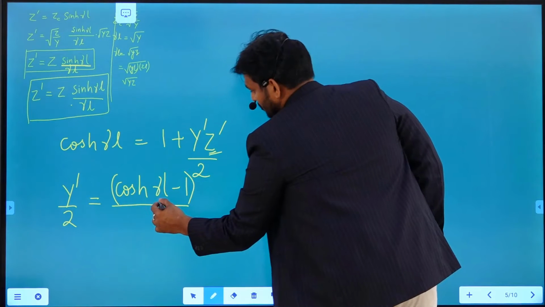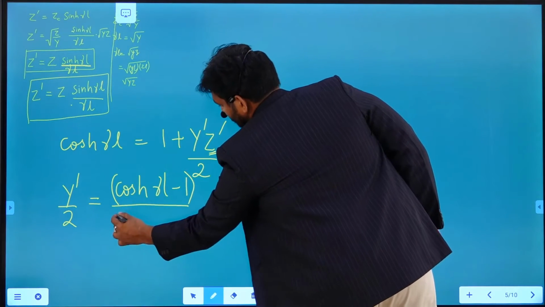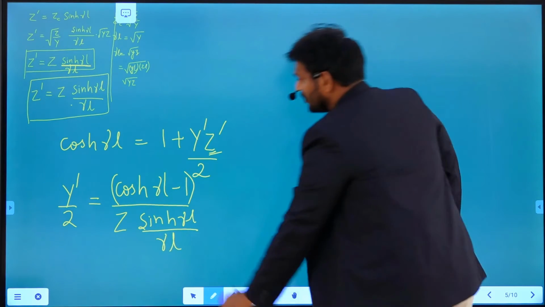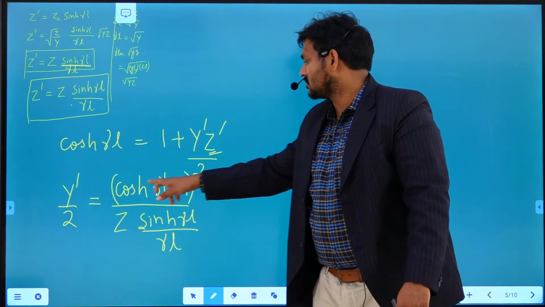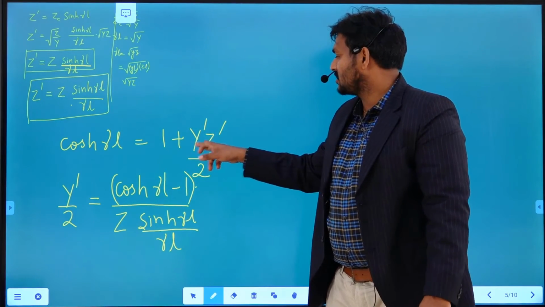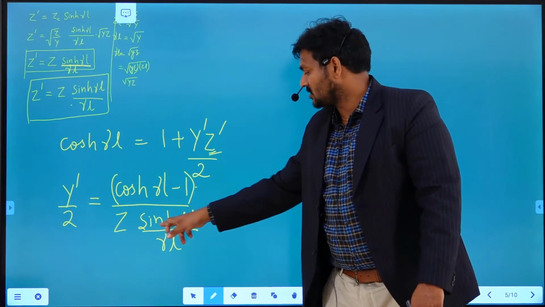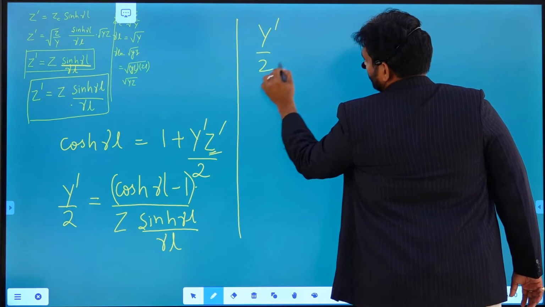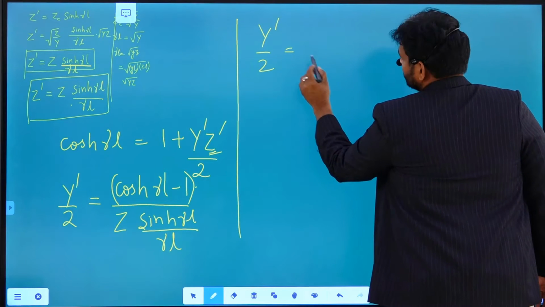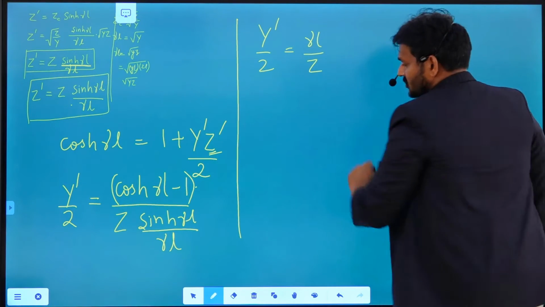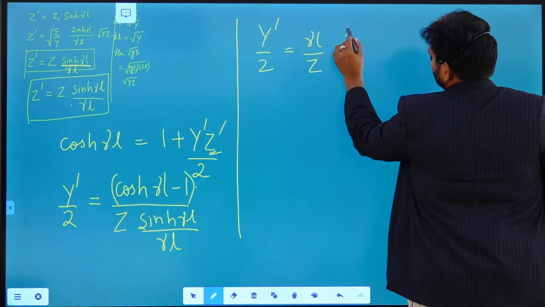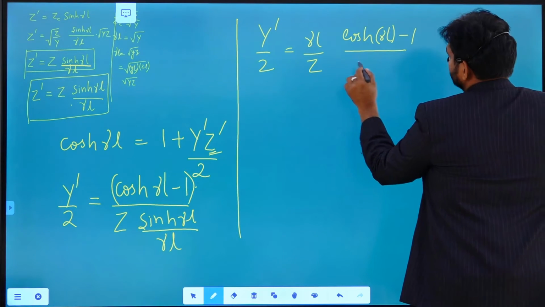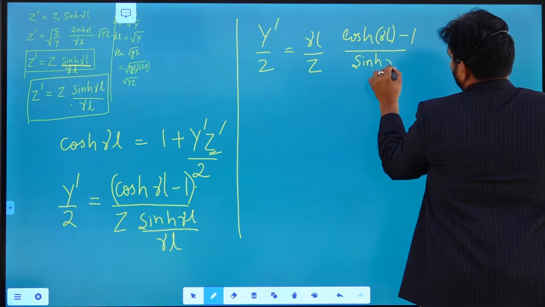It is Z into sinh of gamma L divided by gamma L. So what I have done, this 1 I have taken to that side, cosh of gamma L minus 1, and here it is Y dash by 2 I left as it is, divided by Z dash, that is Z into sinh of gamma L upon gamma L. So we know Y dash by 2 is equal to, you can write it as gamma L upon Z into cosh of gamma L minus 1 divided by sinh of gamma L.